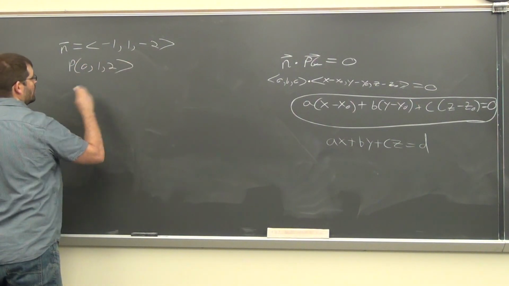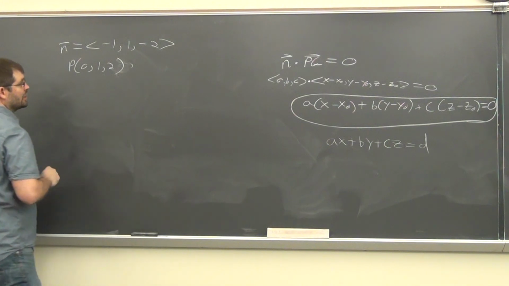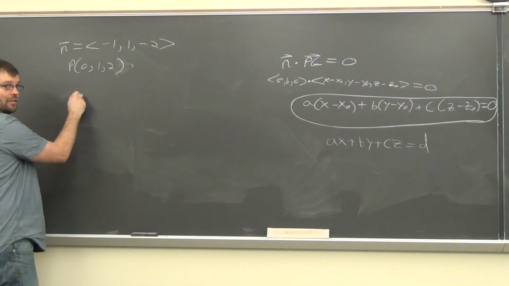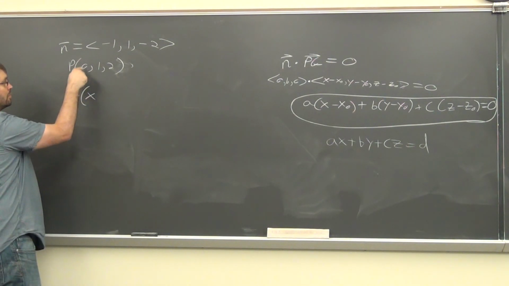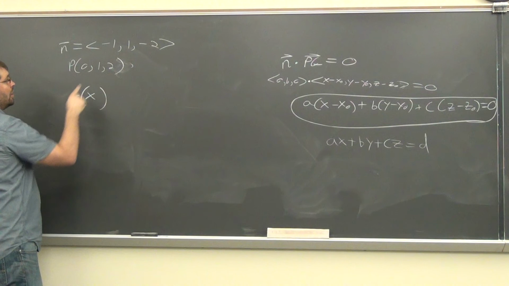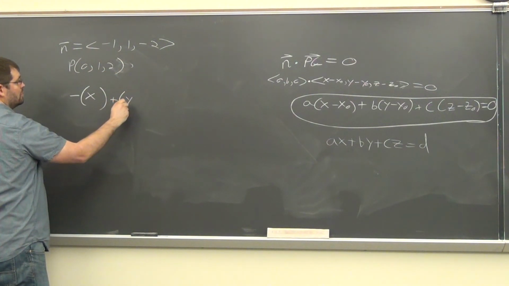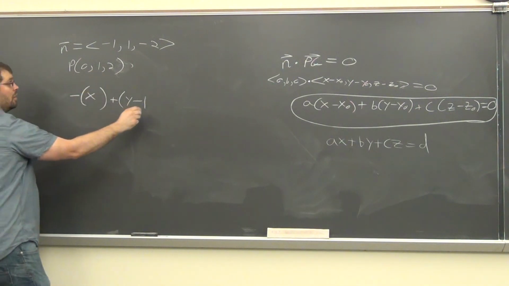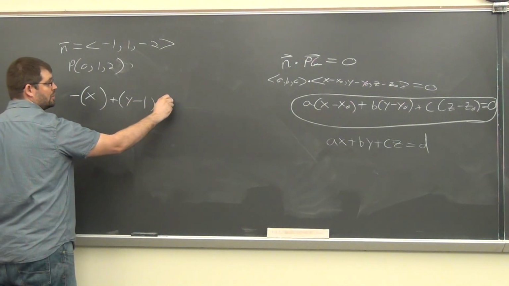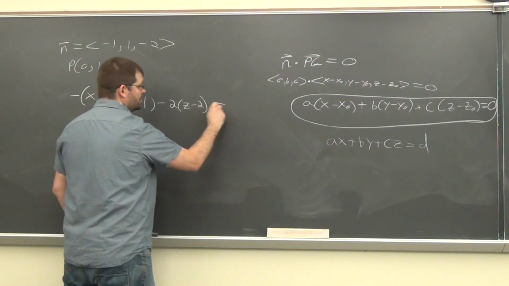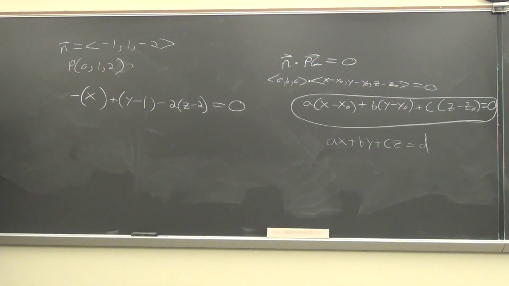So our formula is A times x minus x naught, so that's negative x minus 0, and then plus 1 times y minus 1, and then minus 2 times z minus 2, set it equal to 0, okay?